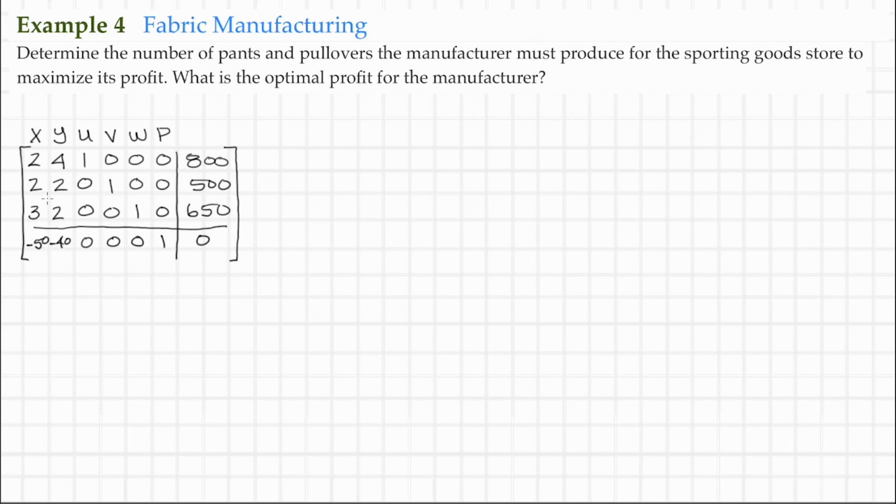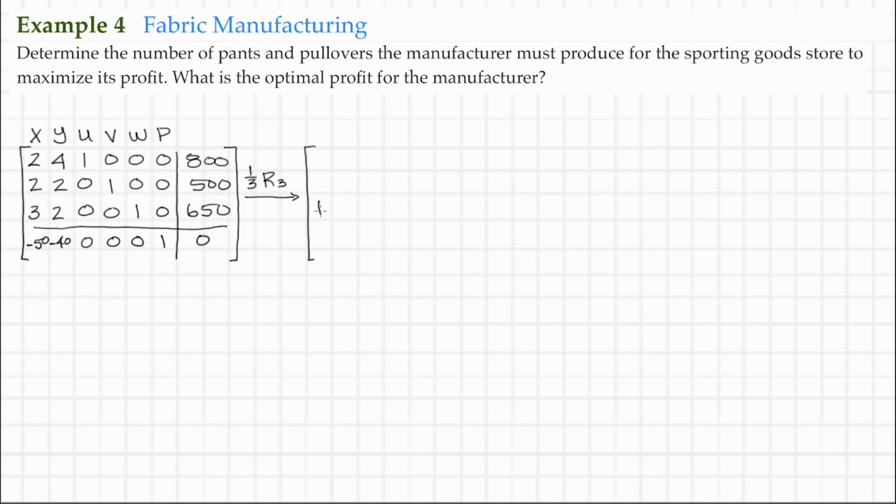So we're going to change this column into a unit column using our elementary row operations. So we can take 1/3 of row 3, put in our bracket. 3 times 1/3, that's 1.